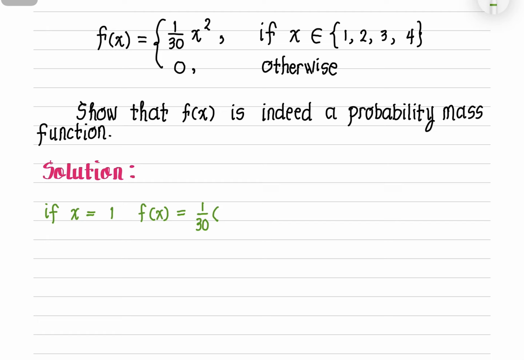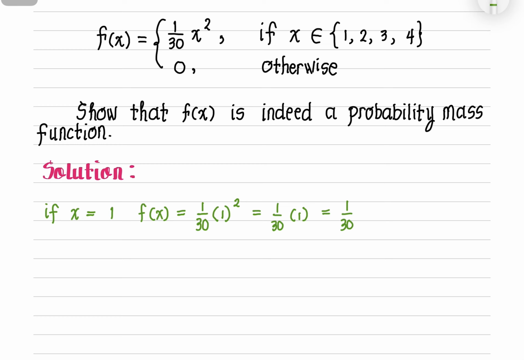So, our x here is 1, right? Okay, so 1 and then square, do not forget. Then simplify. So, unahin natin yung may exponent, no? So, 1/30 times 1, because 1 times 1 equals 1. And then, simplify again. So, that is 1/30.